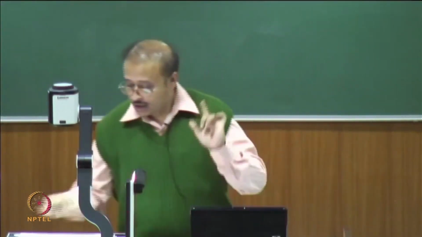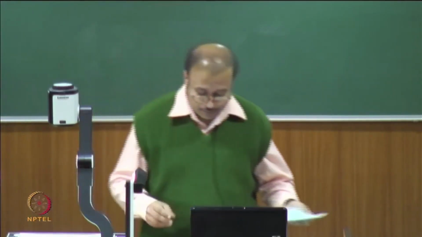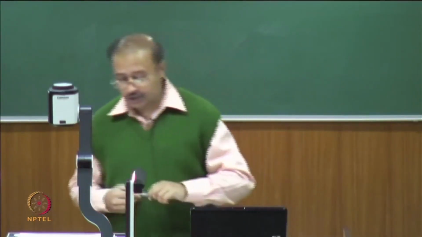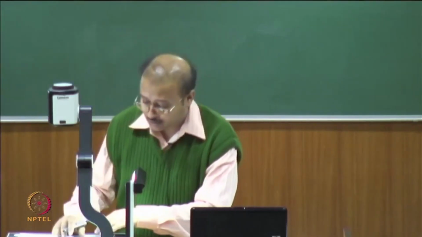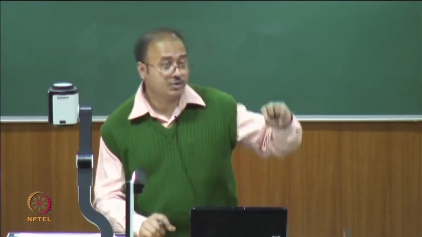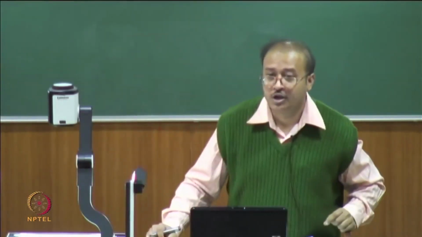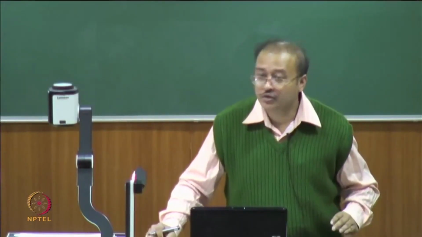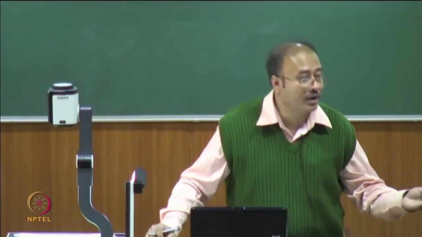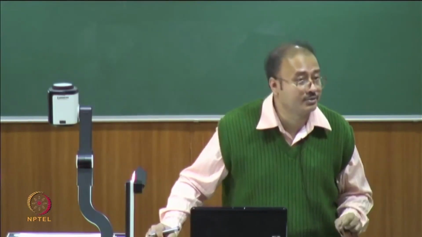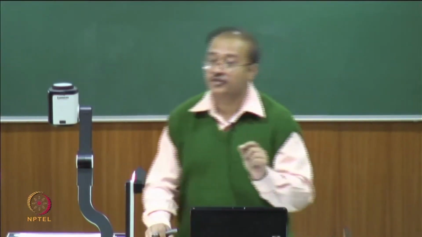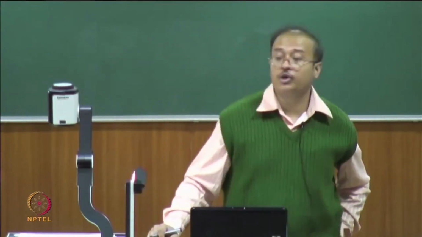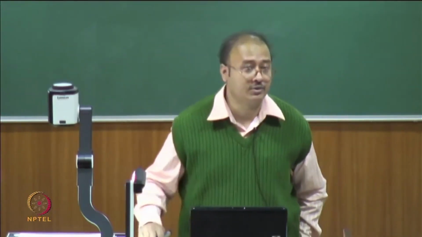Okay. Now, before ending the last class, I also told you something. This was in terms of the correlation function, but when we are talking about motion, about displacement, there is a very important parameter called mean square displacement. Now, can we get an idea of the mean square displacement from Brownian motion or from the Langevin equation?